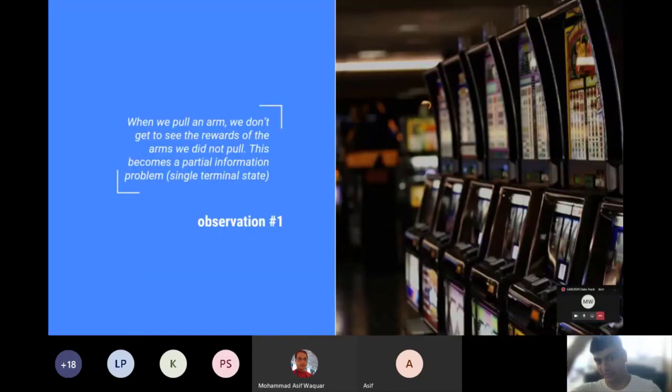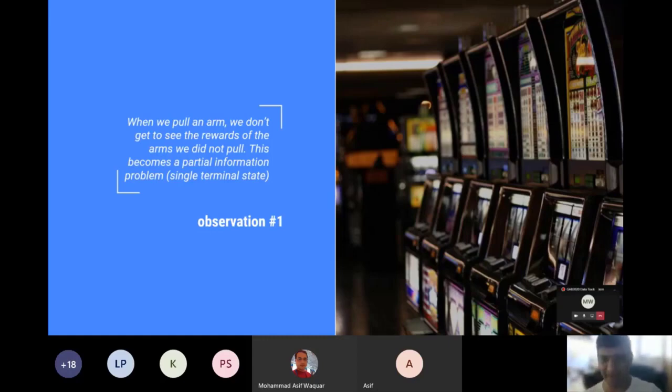Now, the way you think about this, there are a few observations that you can make. In this state, of the three machines, you ended up picking one arm. Let's say our slot machines were A, B, C. You pulled an arm for one. Here we assume that the state changes. Now you don't know what happened to the other two machines.